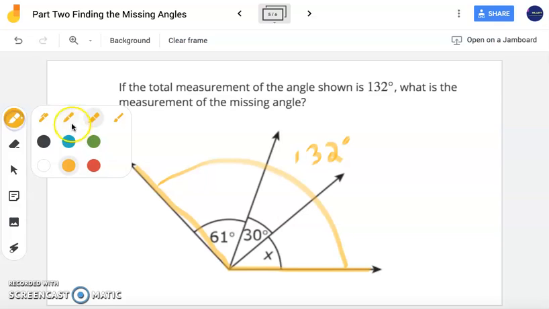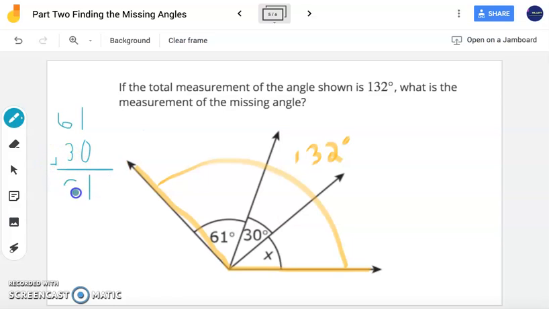So just like we did in a previous problem, we add my two parts together that were given to me. I see that I have 61 and I see that I have 30 degrees. When I add these two parts together, I am left with 91 degrees. But notice that's not my final answer. I need to figure out how much more I need to get to 132 degrees.